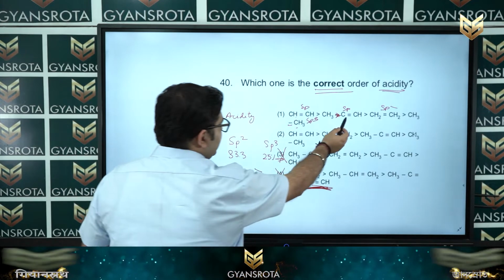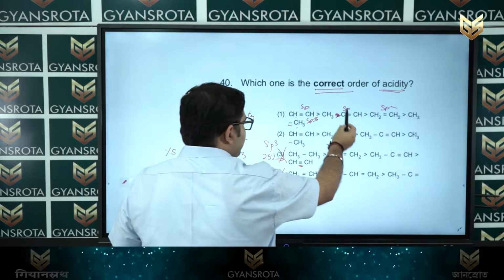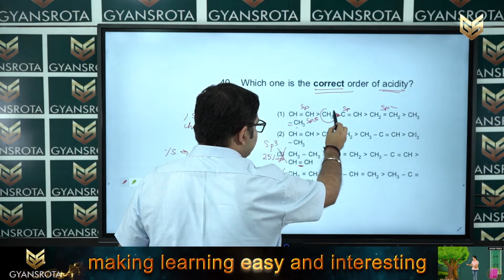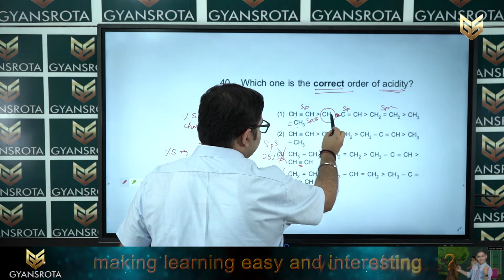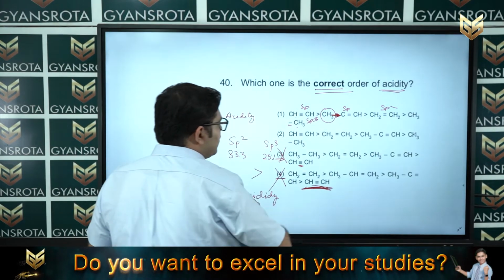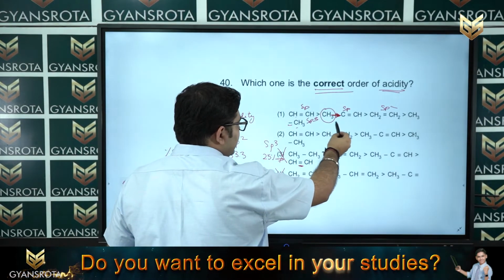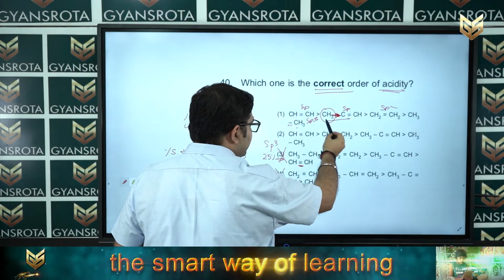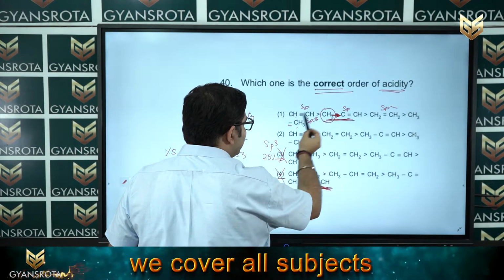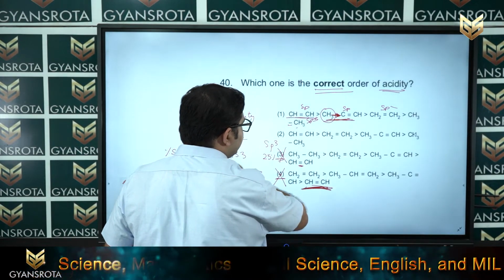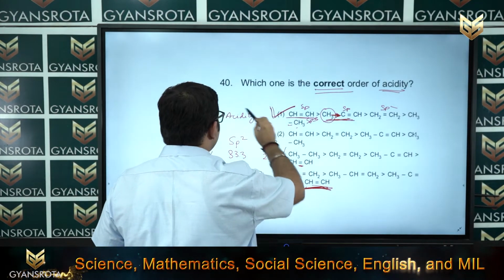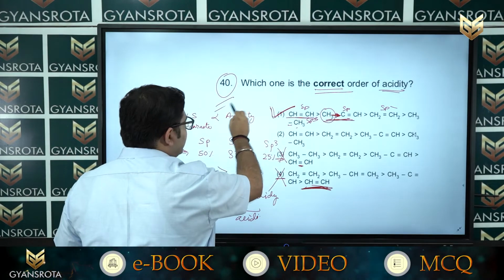So, maybe it is having an sp carbon, but it has this electron donating group, and electron donating is not in favor of acidity. So, this alkyne will be less acidic compared with the first one. So, option 1 is the correct answer to question number 40.